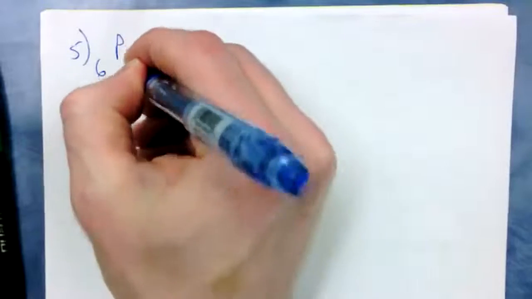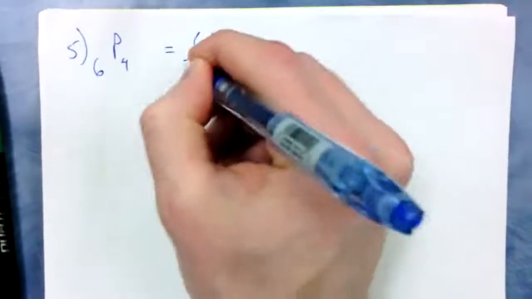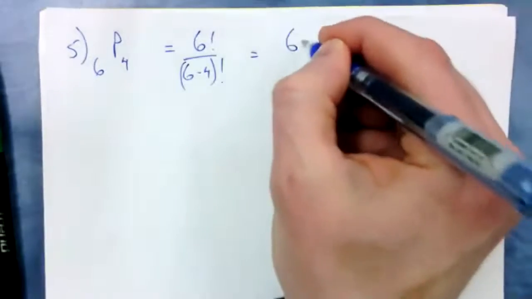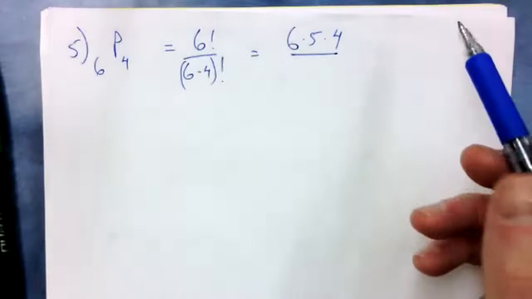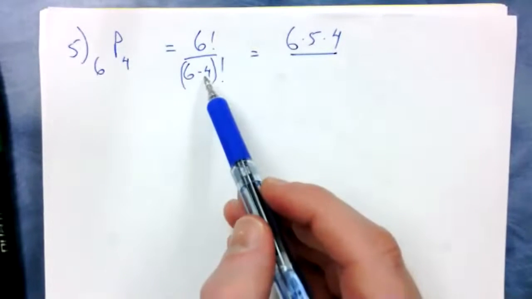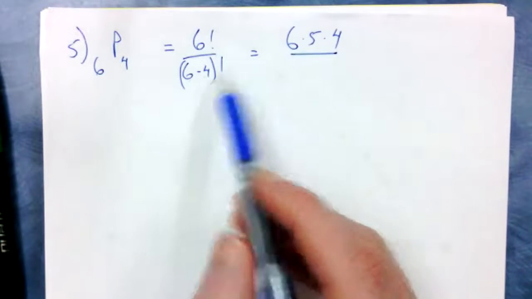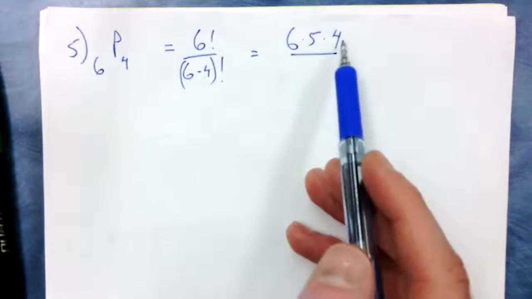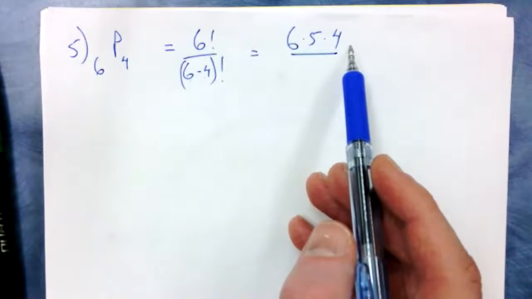Number 5, in how many ways can 6 players be arranged in groups of 4? 6p4. Okay, I'm going fast. I want to explain what I'm doing. So 6 minus 4, I know is 2. And I'm pretty sure you guys know that as well. So instantly what I do on the top is I'm just working this out to the 2 factorial.